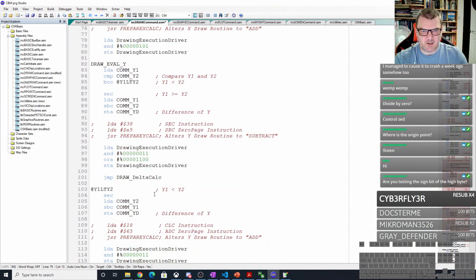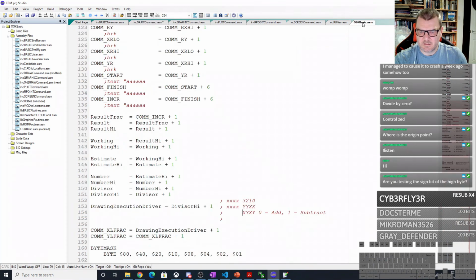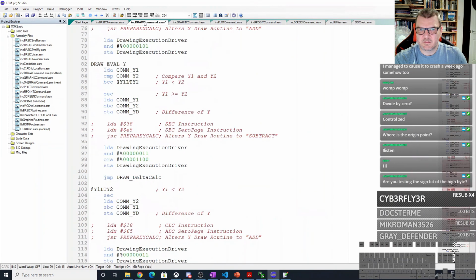And then for the Y's, so the Y's are bit 2 and bit 0. So we need to clear out those, but keep those. So this is going to be 1 there and 1 there.